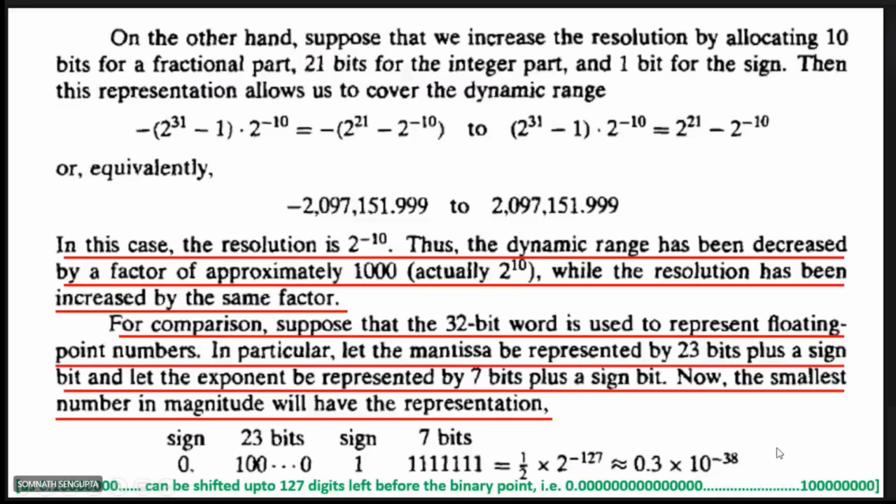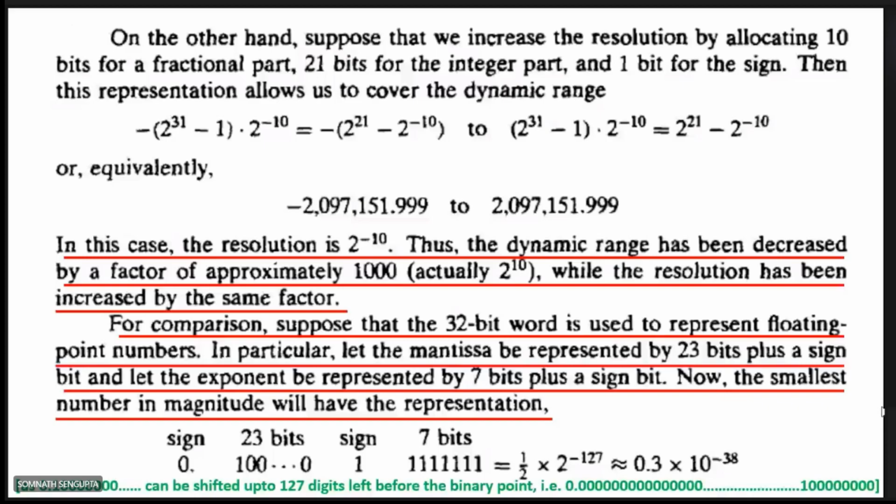The magnitude of this number, 0.000 up to the 127th position and then only one, then after that the remaining 23 bits zeros, is half into 2 to the power minus 127, or in decimal it is 0.3, because 2 to the power 10 is 1024.